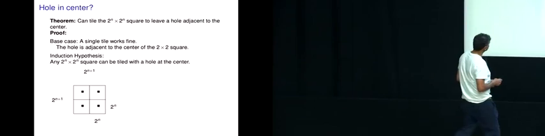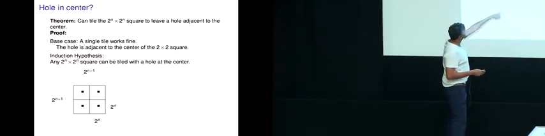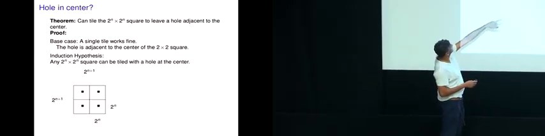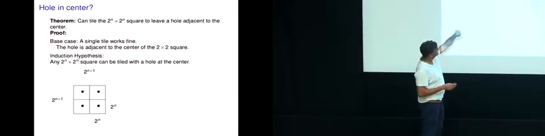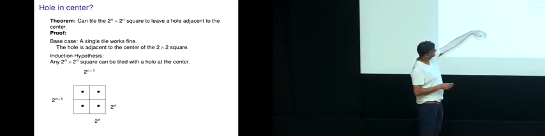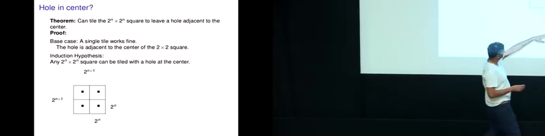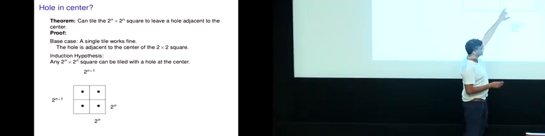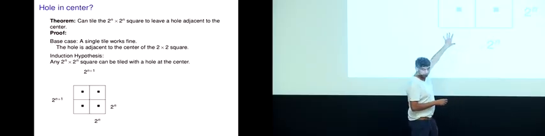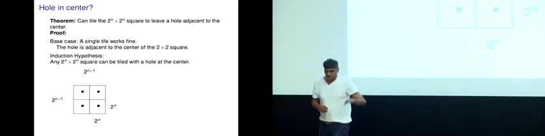The whole side length is 2 to the n plus 1, and now you can divide each side in half, and you get a 2 to the n by 2 to the n courtyard, and you get 4 of them. Does that make sense?